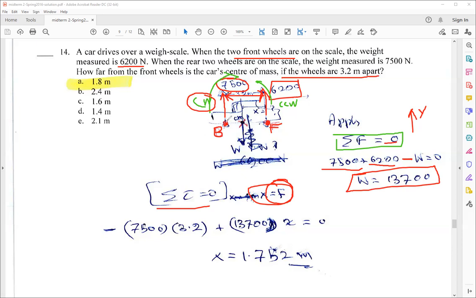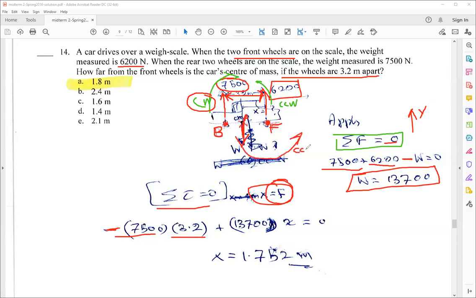So you have negative torque from the back wheels, clockwise, 7,500 times 3.2, plus the weight, which points down at the center of mass and causes counterclockwise rotation.